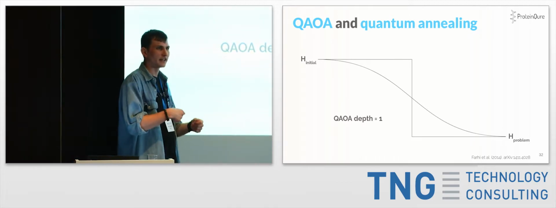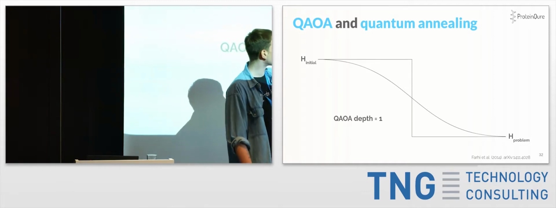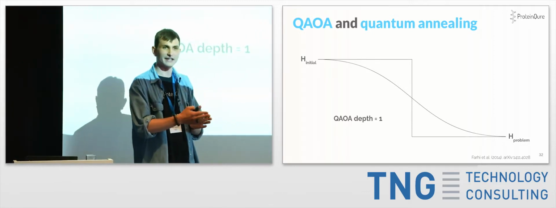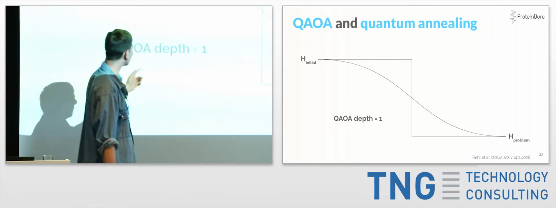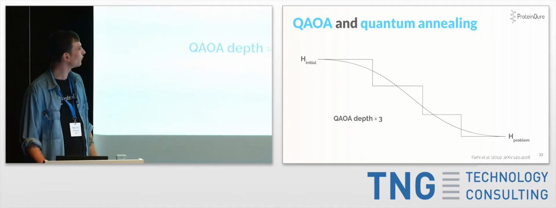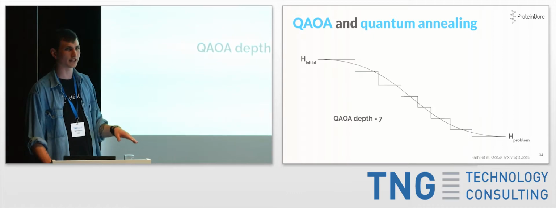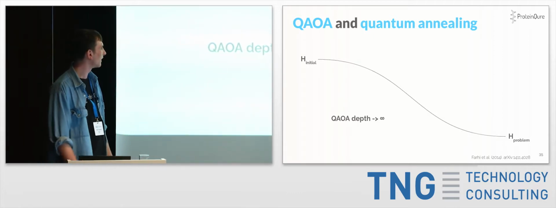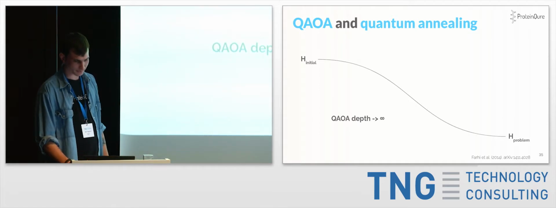It's kind of like a step function, a digitized way of doing this. If you have a QAOA depth of 1, which you can think of like layers in a neural network, you can have different depths for those types of algorithms. QAOA depth 1 looks like this, and the more you increase this QAOA depth, the more you approximate the smooth trajectory that you would get from a quantum annealer. And you can prove that in the limit to infinity, they are perfectly equal.